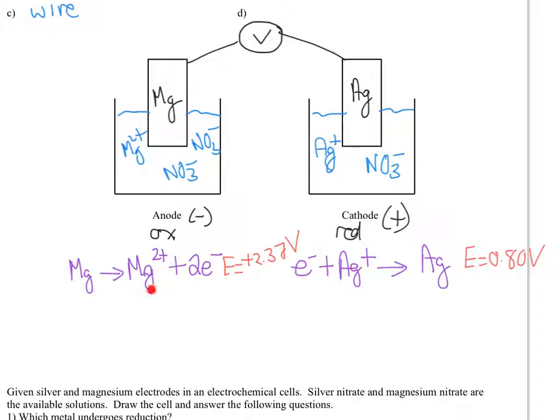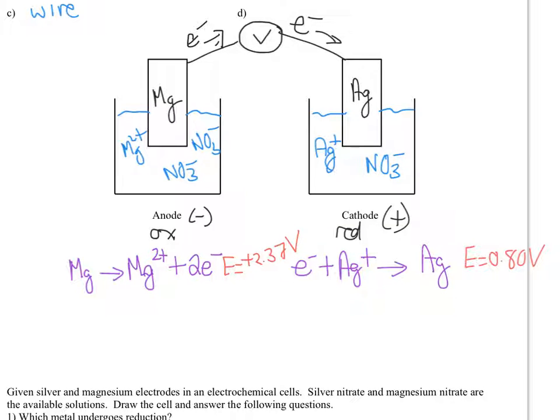So the Mg2 plus just goes into the solution with the rest of the Mg2 pluses, and the electrons, guess where those go? Those go through the wire. And so you have your electrons going this way towards the cathode.